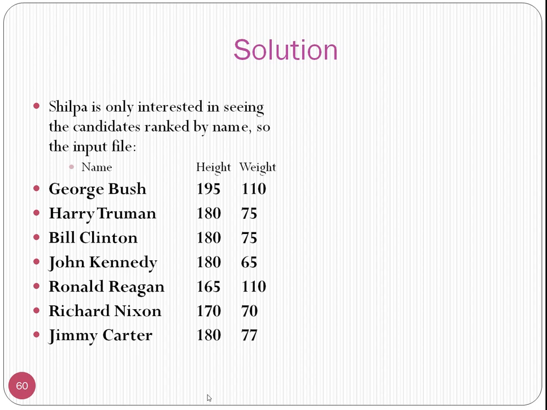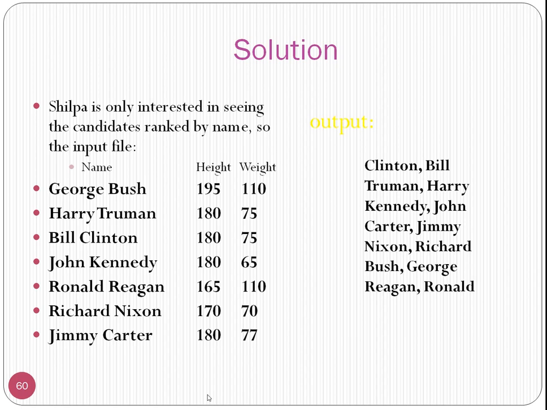Now I will give you 1 minute to see this list and identify which one will be the first candidate or who will be the second candidate. So the result is Clinton Bill will be the first one.